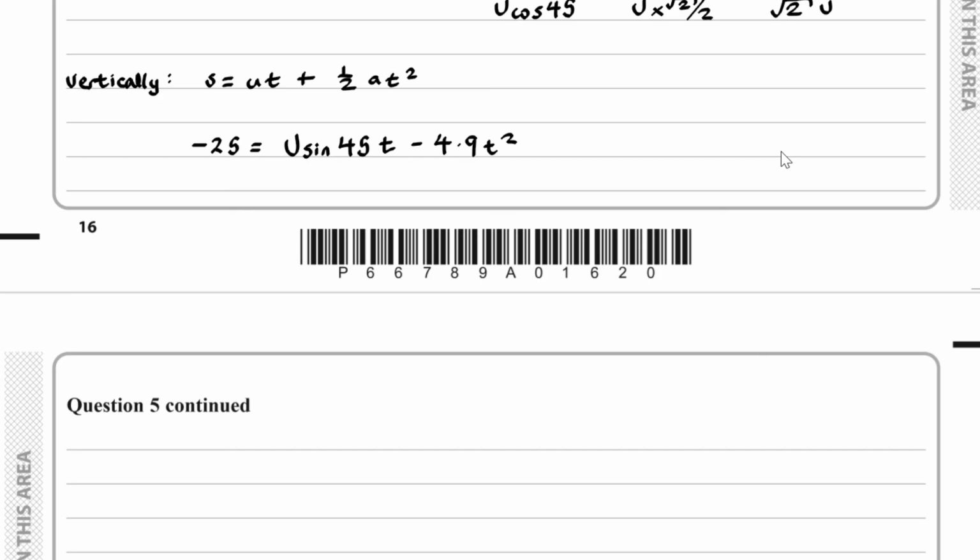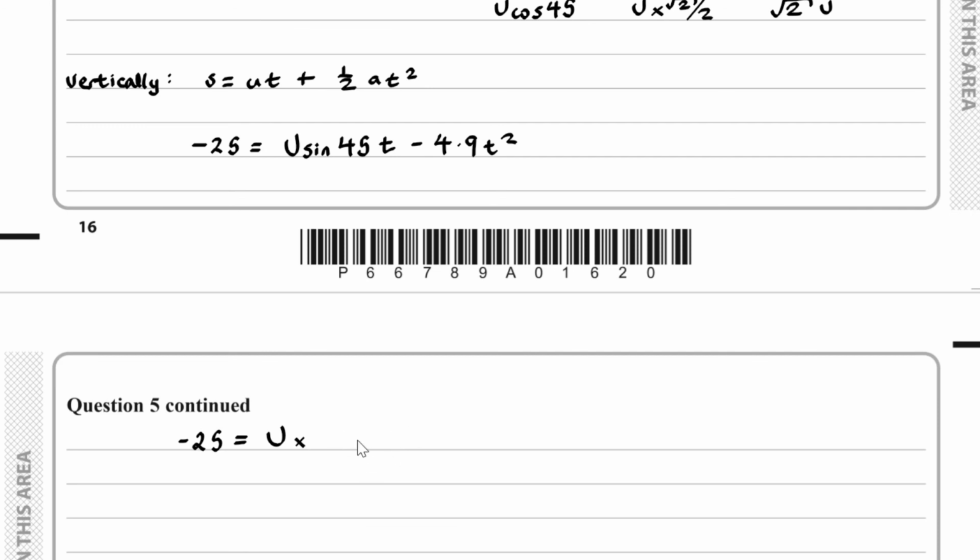So what we have over here then is minus 25 equals u sine 45, which is root 2 over 2, multiplied by t. Let's just write this on a separate line.